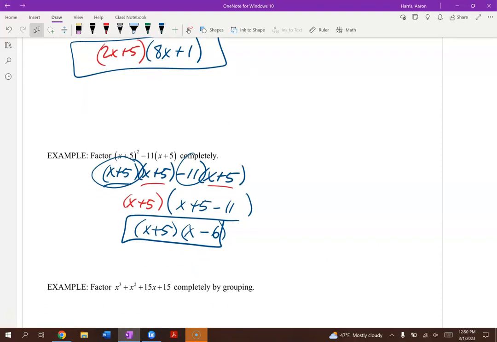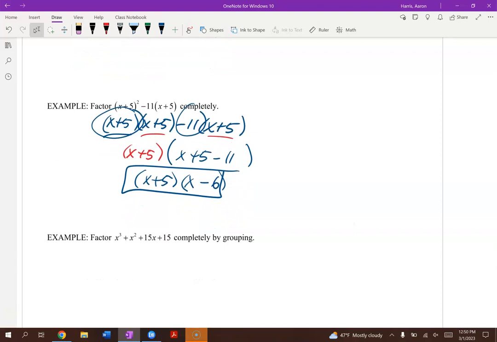Now let's do it where it's not factored for us. This is factoring by grouping again. Notice there's 4 terms here. So one is the x cubed, one's the x squared, one's a 15x, one's a 15, right? So I've got 4 terms there. So I'm looking at the first two. What I do is I take the first two and I say, what can I take out of those two?